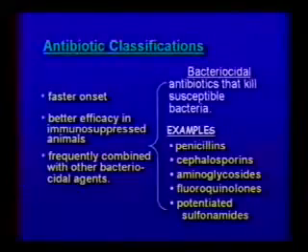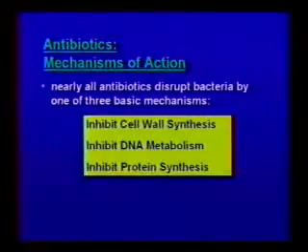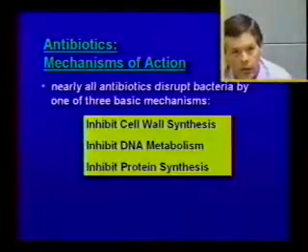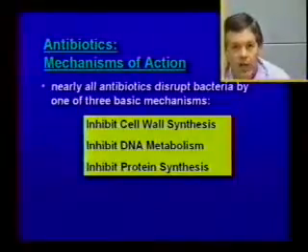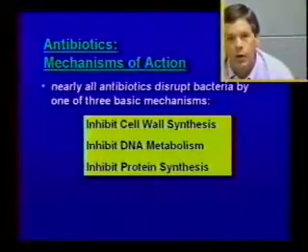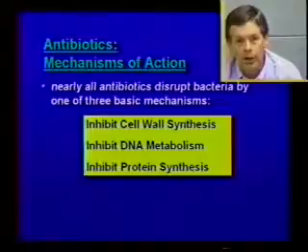So with that brief preamble, let's look at some of the major classes of the antibiotic drugs. Antibiotics generally can be lumped into having one of three types of mechanisms of action. The so-called cell wall synthesis inhibitors are a major group of drugs. The drugs that interfere with DNA metabolism within microorganisms are a second major class of antibiotic agents.